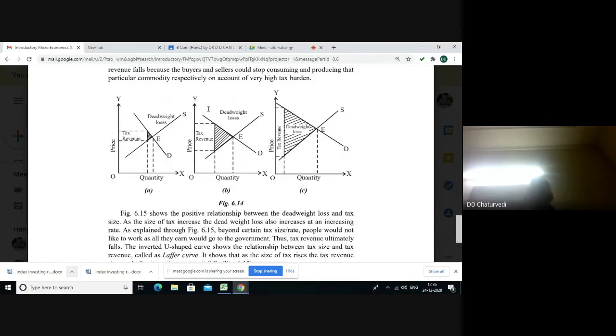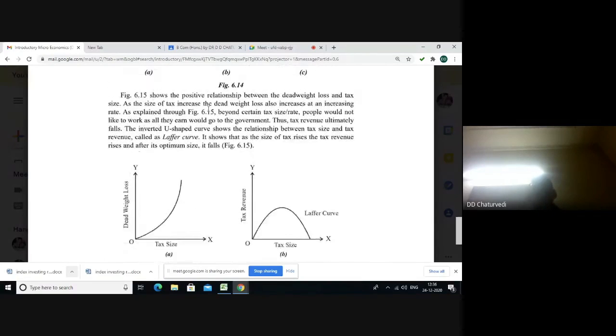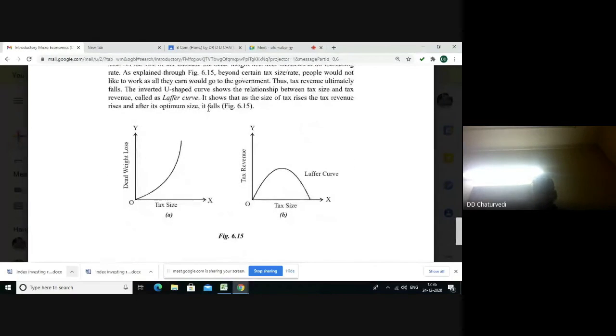But when we move to 6.14c, the tax revenue falls. So this is also shown in figure 6.15b part, that when tax rate per unit rises, tax revenue rises in the beginning, reaches the maximum point, and then starts coming down.